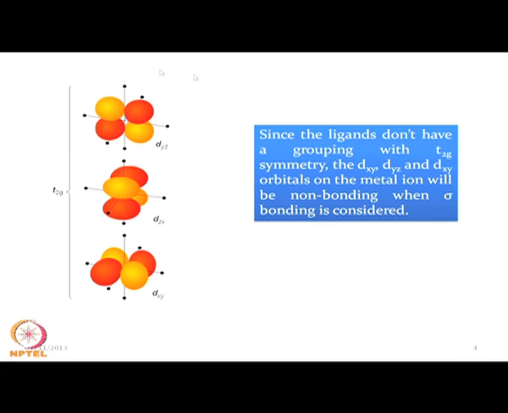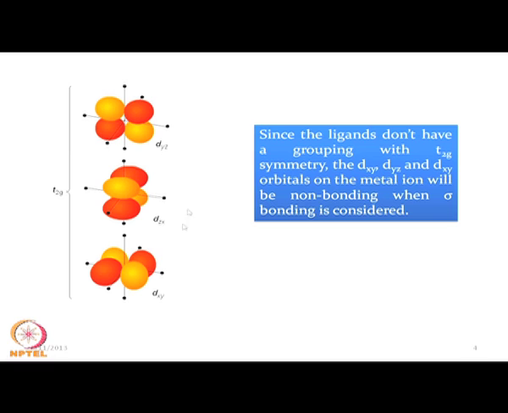So, we will consider these three, xy, xz and yz, as non-bonding because we do not have the corresponding matching orbitals available from the ligand side. So, we have only the T2g set, what we have seen in crystal field theory, where we talk so much about the occupancy of the T2g level.